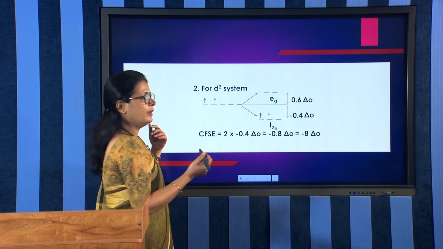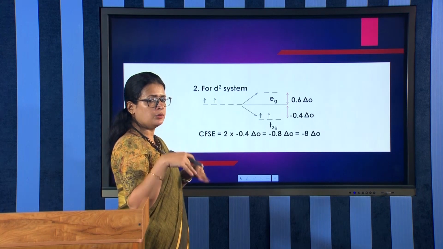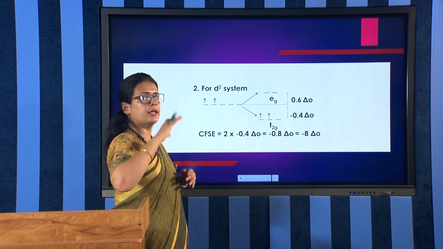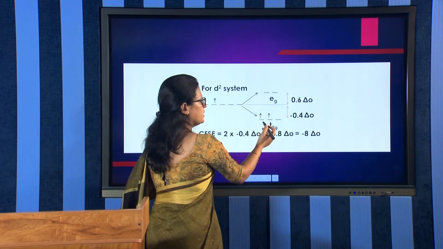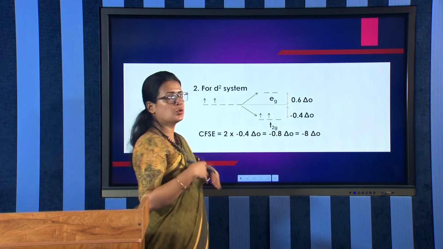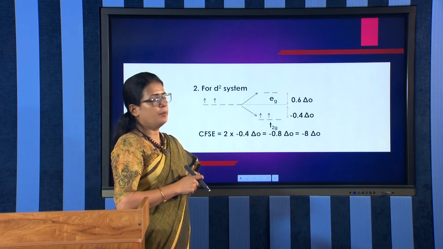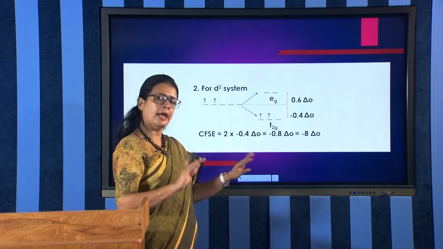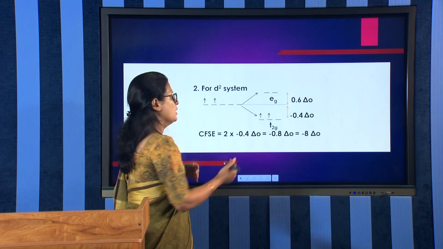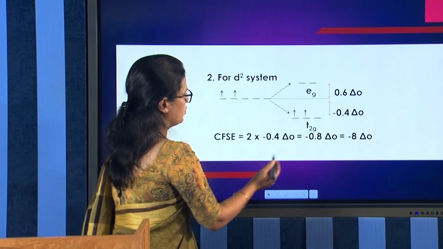Now, electrons will be filled according to the Aufbau principle, that is lowest energy to the highest energy, that should be followed. So, lowest energy is this 1, 2. 2 electrons should be filled, and you should follow the Hund's rule of maximum multiplicity also, because all should be singly filled and then pairing occurs. So, all should be singly filled, after that only you can pair. That is what happening here.